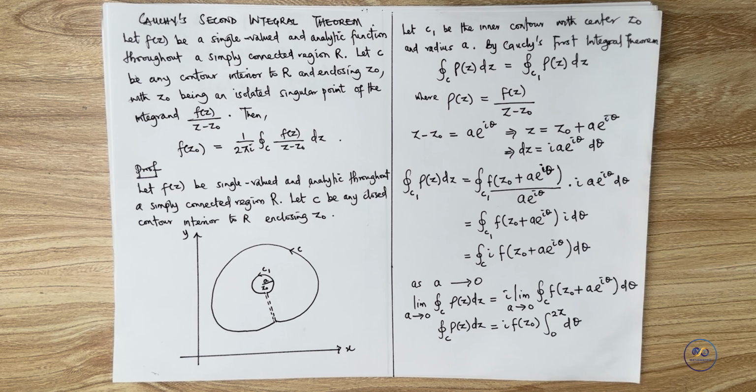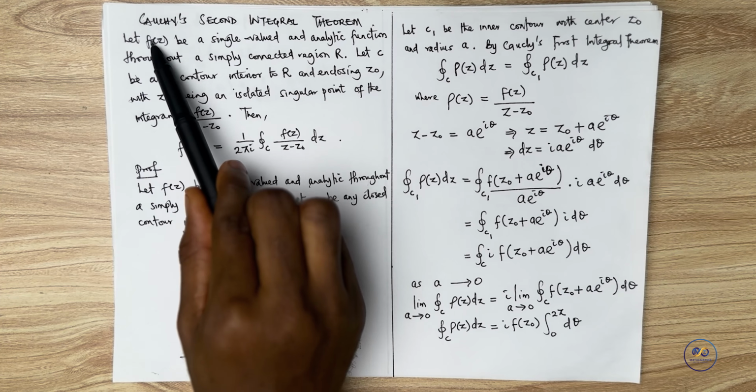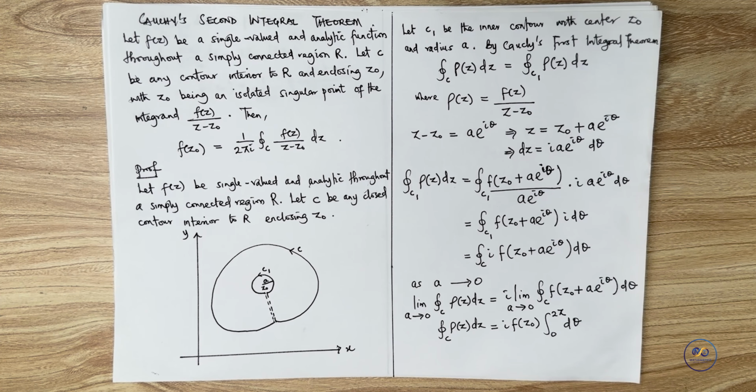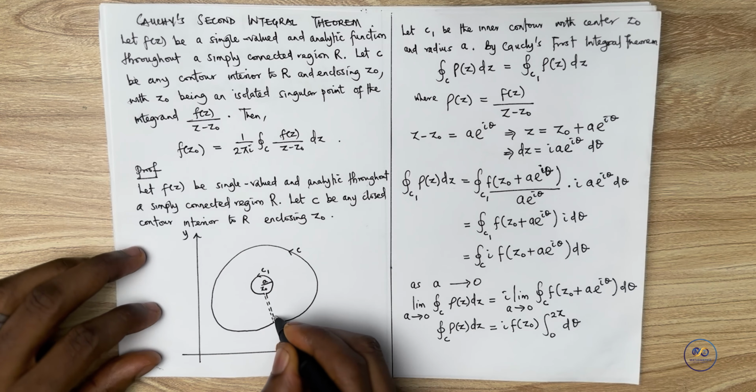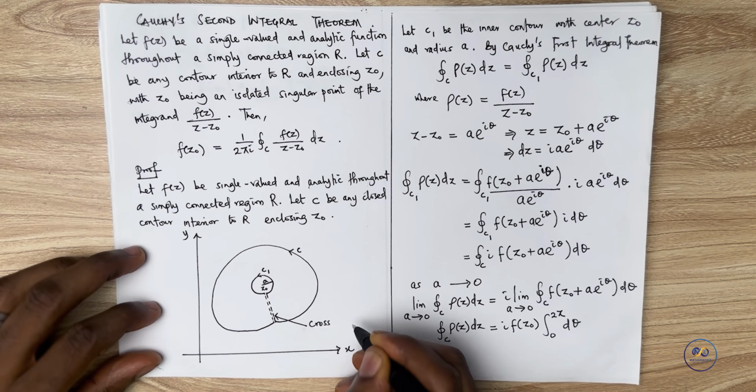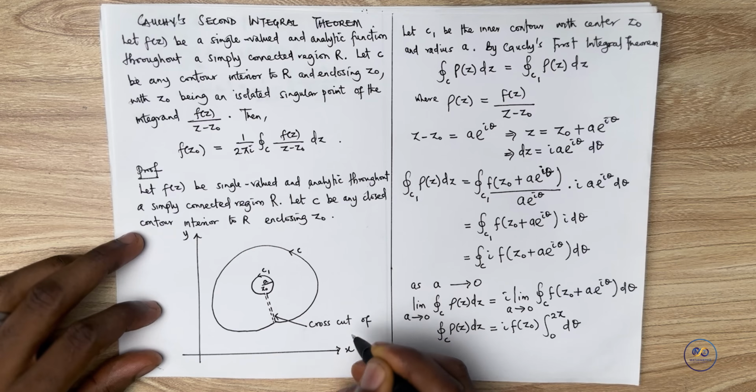Now, if we have a doubly connected region, the very first thing we need to do is to recreate it as a simply connected region, because remember the premise tells us that f of z is single valued and analytic throughout a simply connected region. So we need to have a simply connected region. How do we have that? We create this cross cut. This is a cross cut of infinitesimal width.